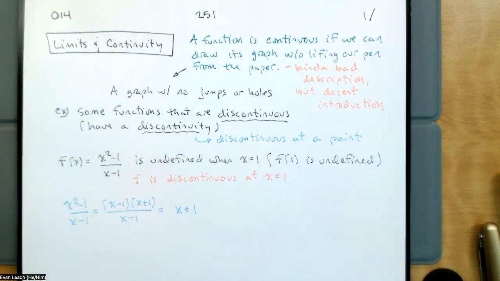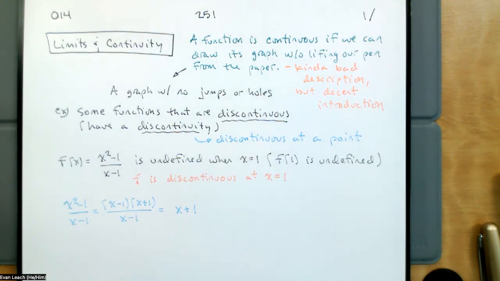Is this equation true? I like your suspicious nature. Is this equation true for all x? No. Why not? Because of the hole. We just said that f is discontinuous at x equals 1, but x plus 1 on its own is not.